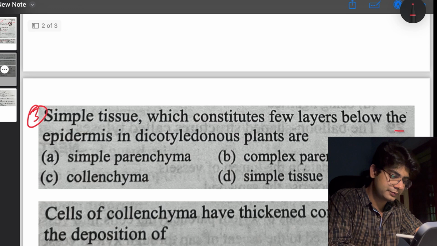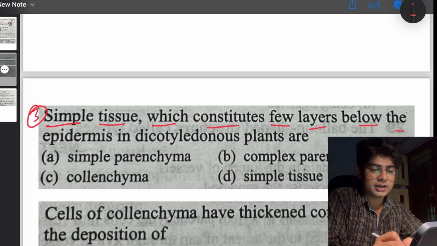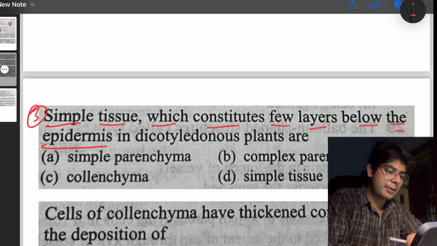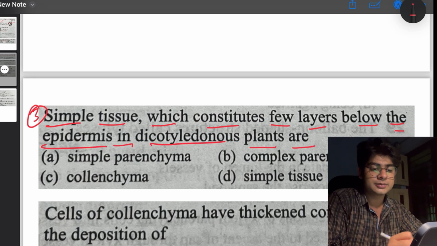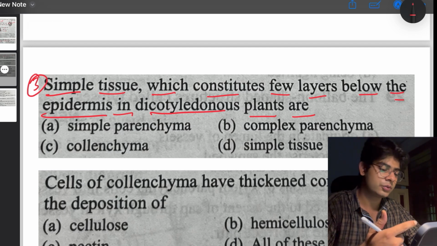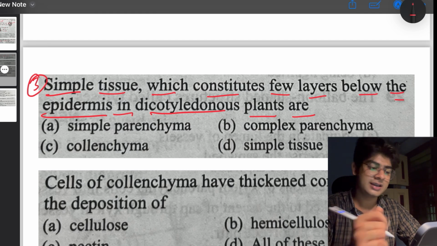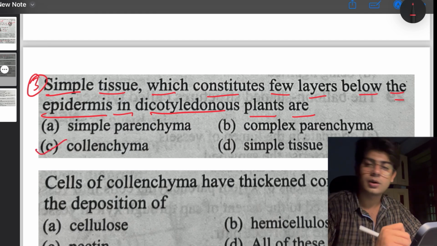Question number 3. Simple tissue which constitutes few layers below the epidermis in dicotyledonous plants is... You're right. It's collenchyma. Why?